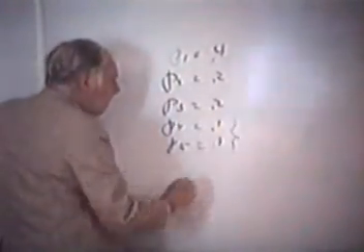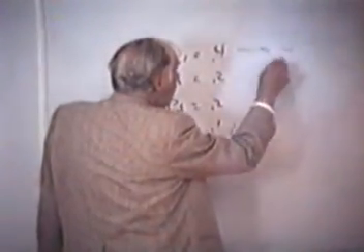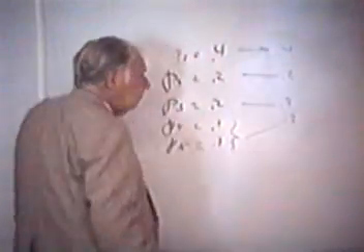And I'll do the case that he did in his paper. P1 is 4/10, P2 equals 2/10, P3 equals 2/10, P4 equals 1/10, and P5 equals 1/10. He says take these two and combine them, and you will have 4/10, 2/10, 2/10, and 2/10.